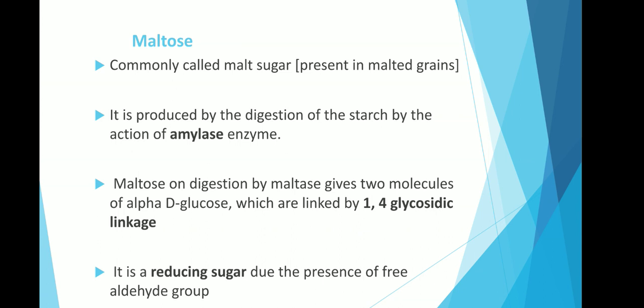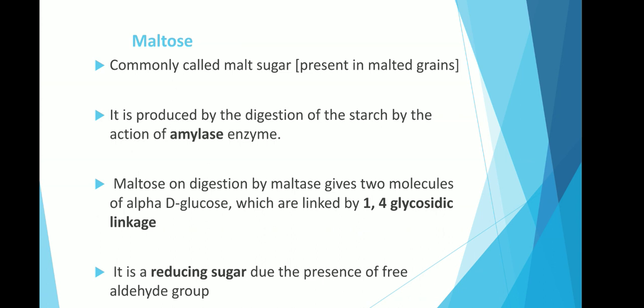It is a reducing sugar because it contains an aldehyde group. How is this maltose produced? By the digestion of starch by the amylase enzyme. When the amylase enzyme digests starch, the product produced is maltose. The enzyme that digests maltose is the maltase enzyme.